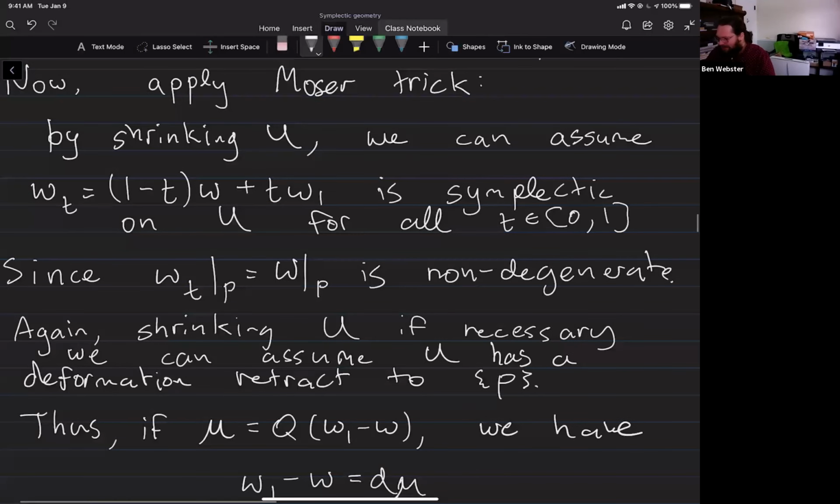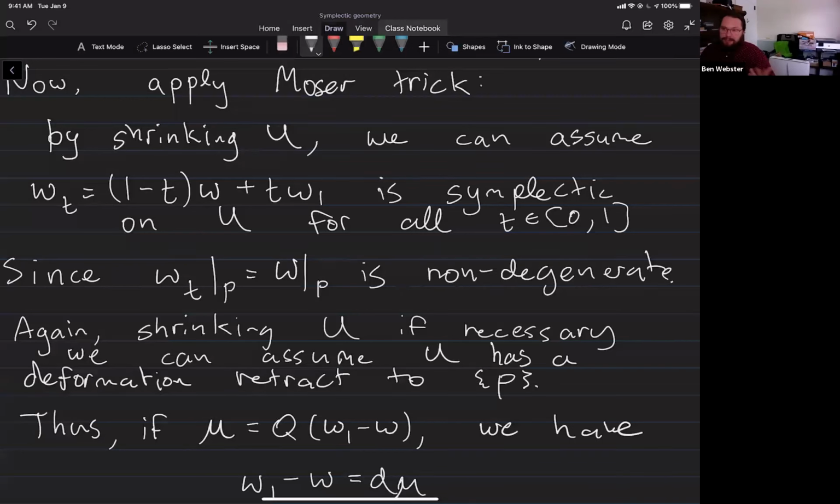The advantage of doing this is making my statement about one neighborhood of a point. The thing I give up when I stop being compact is that I'm not going to make a global statement. I'm just going to keep shrinking my neighborhood until everything is close enough to P that things will work. So potentially shrinking this neighborhood, I can assume that all the linear combinations of my original symplectic form and my new one, omega 1, are still non-degenerate.